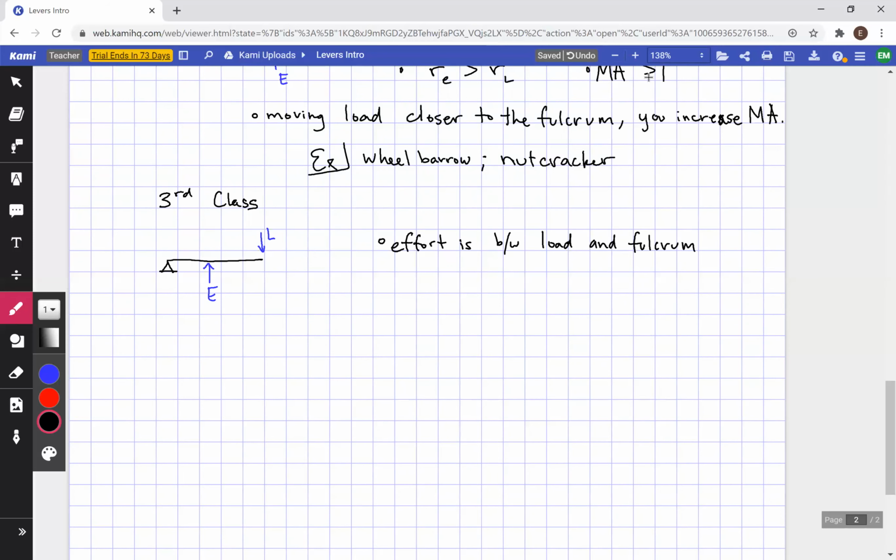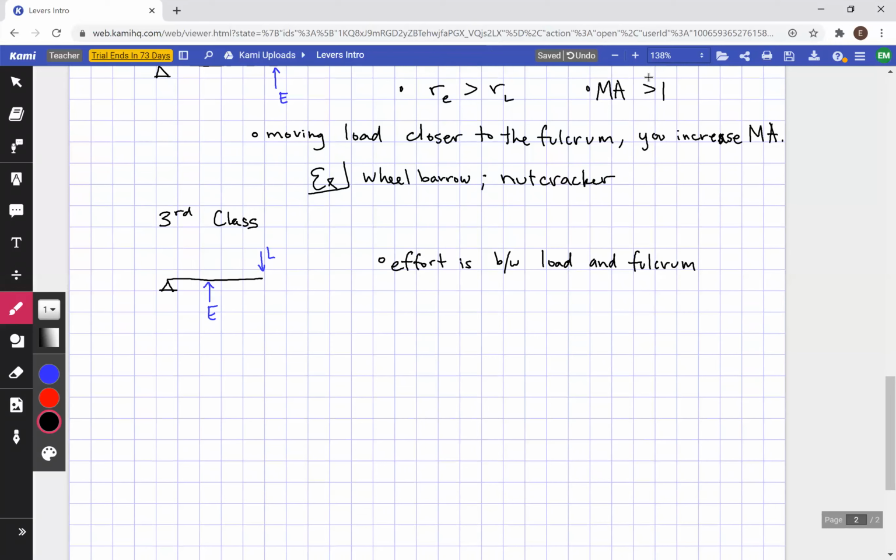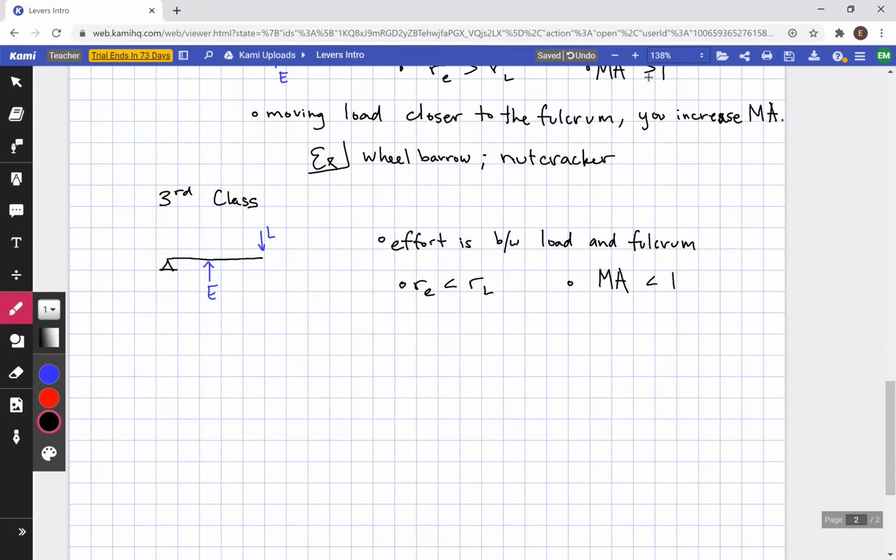And again, just like with first class levers, where the radius to the effort force was less than the radius to the load, we'll have a mechanical advantage that's less than 1. So we're going to require a larger effort force to move the load.